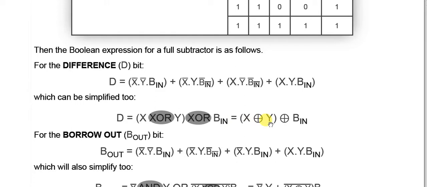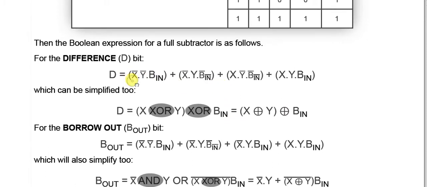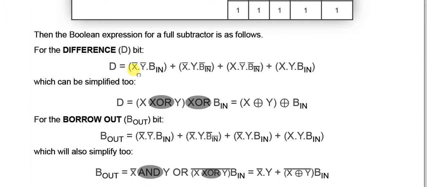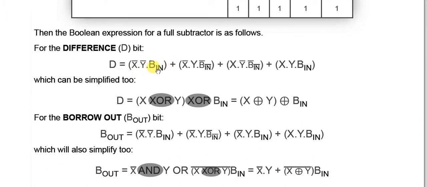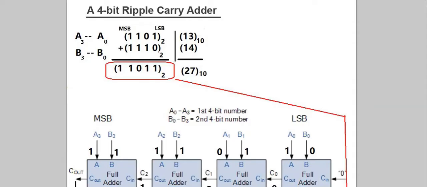So this D, difference bit, can be expressed. Let me show if I have calculated that one somewhere. D difference. Okay, here is the calculation I have calculated for you.